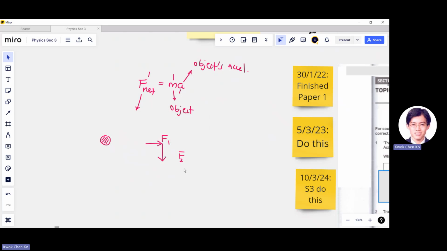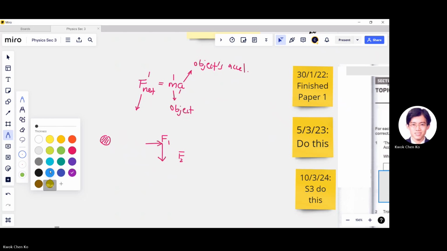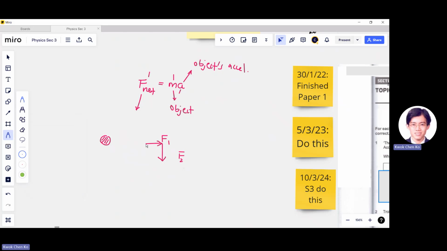Once you have done that, you simply join the starting point to the ending point between F1 and F2. Direction will stay consistent as well. The starting point always points to the ending point. And a reminder, you're supposed to use a double arrow to represent a net force or the resultant force.